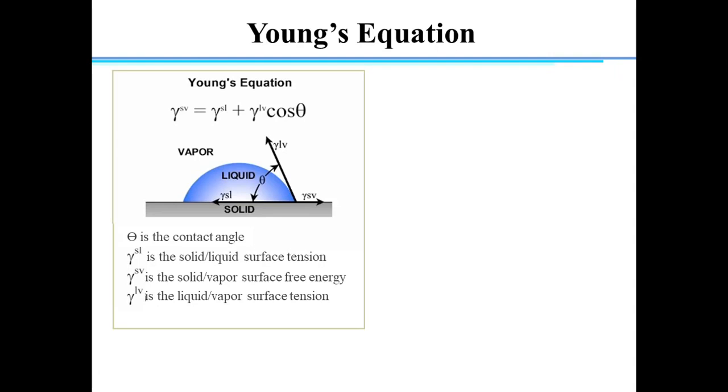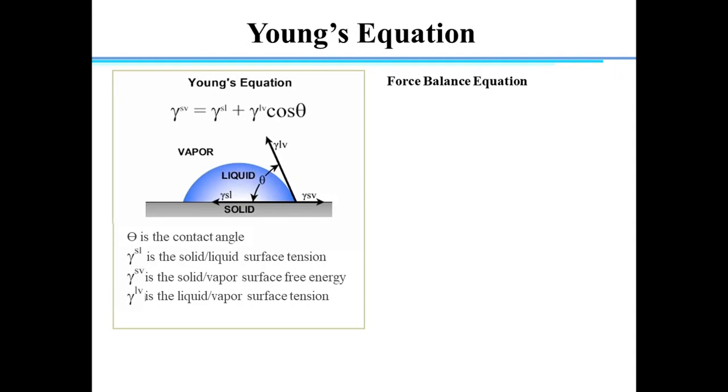The figure shown here is a force diagram of the point where all three phases meet. The three arrows represent the force exerted by the surface tension at three interfaces: liquid solid, liquid vapor, and solid vapor. Each force is pulling away from the equilibrium point. So, if the droplet is in equilibrium, then the forces are balanced.